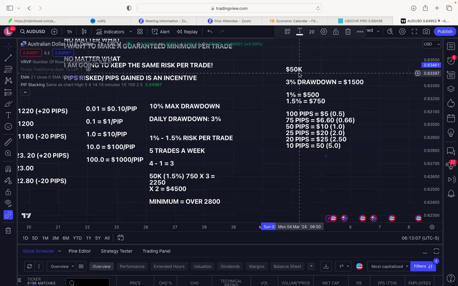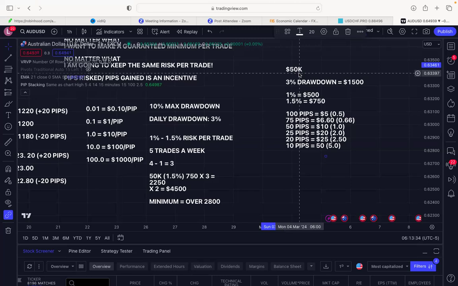Let's say we risk 50 pips and our take profit is 50 pips away. That's a 1-by-1 trade, meaning for every pip that we risk, we also gain a pip. That's a 1-by-1 risk to reward ratio.